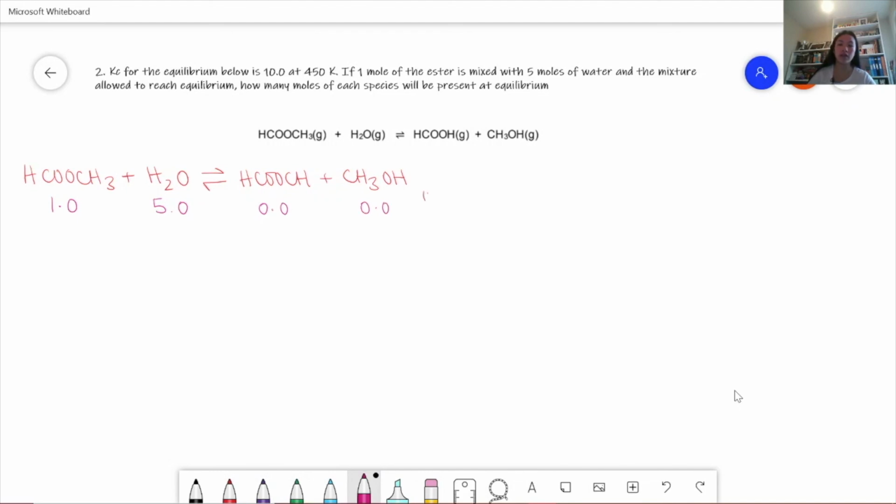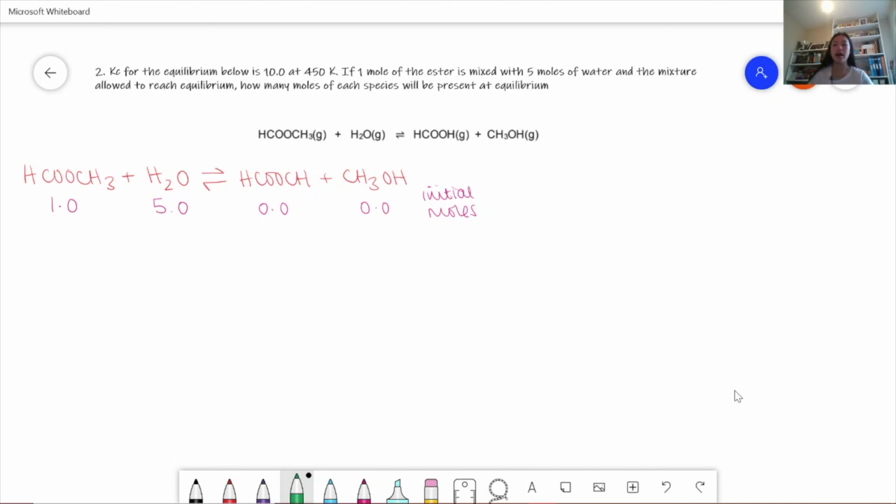So these are initial moles. And then we haven't been told how many equilibrium moles we have of one of the species, so we just have to label it X. First I'm going to label what we're adding and what we're subtracting.